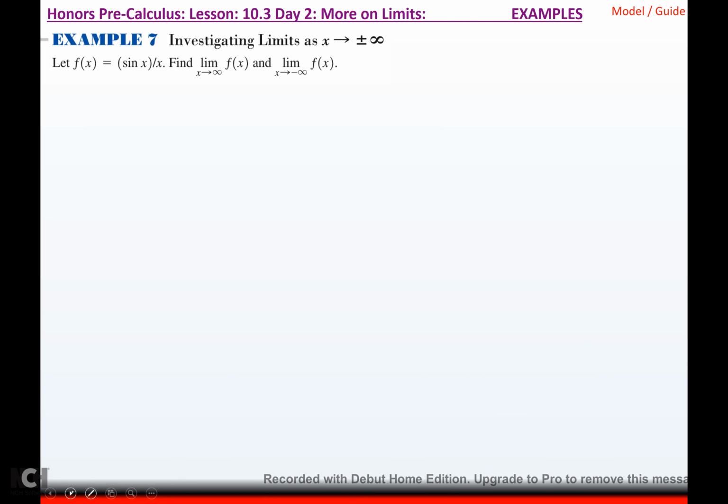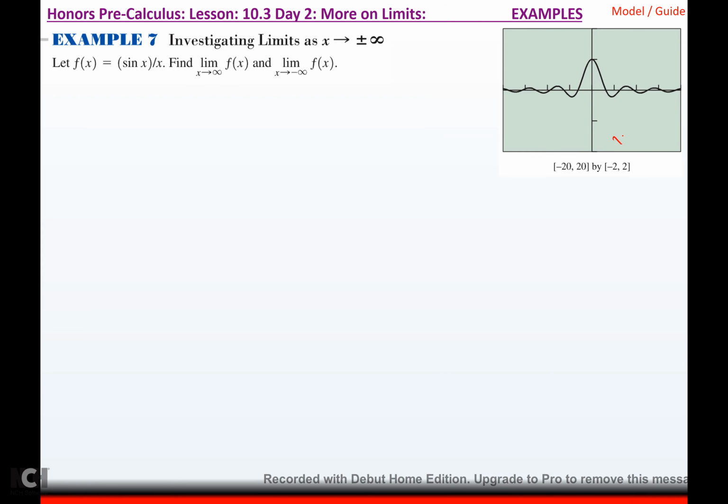Alright, so if we look at this one, it says let f of x equals sine x over x. Find the limit as x approaches infinity, and find the limit as x approaches negative infinity. Well, if I look at the picture, as x approaches infinity, this thing is getting closer and closer to 0.